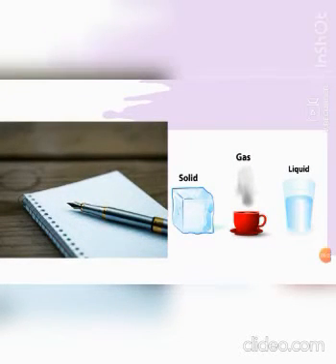Now you can look at the first picture here. You can see paper and pen. Here paper is made up of one material and pen is made up of a different material, and we cannot convert paper to pen or pen to paper. But in the second picture, solid, gas and liquid are all made up of the same substance, that is water.